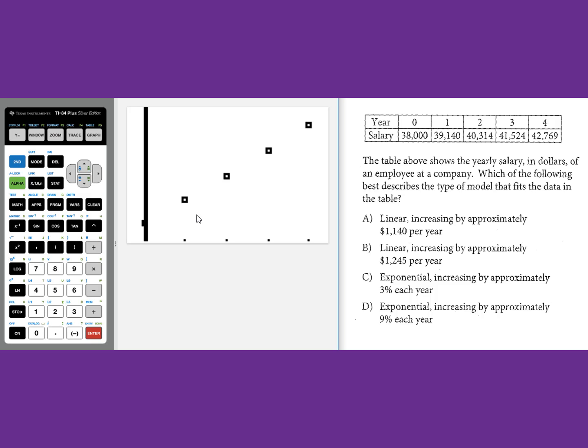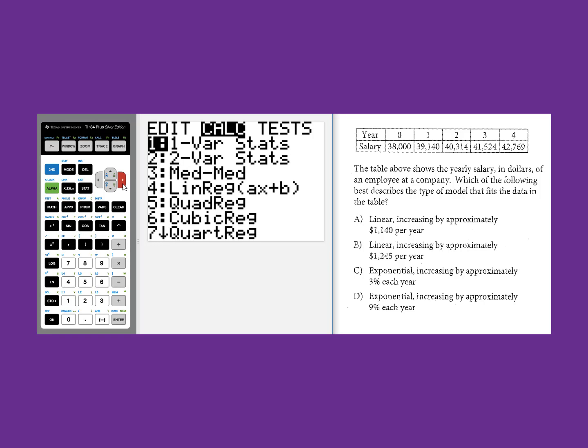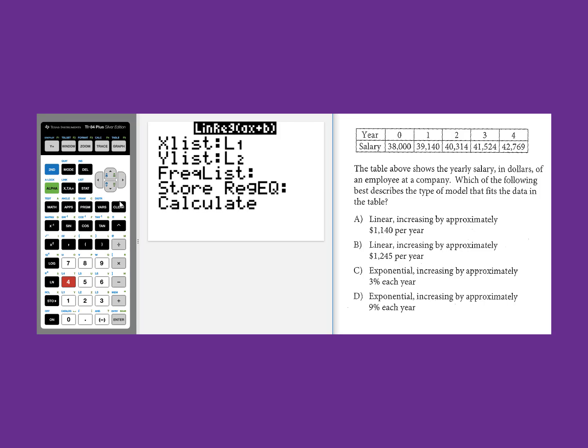Next step, we need to figure out these two regression equations. One is linear, the other is exponential, so that you can compare. Go to Stat, go to Calculate. I need a linear regression, so I press 4 and enter, because that's really L1, L2.